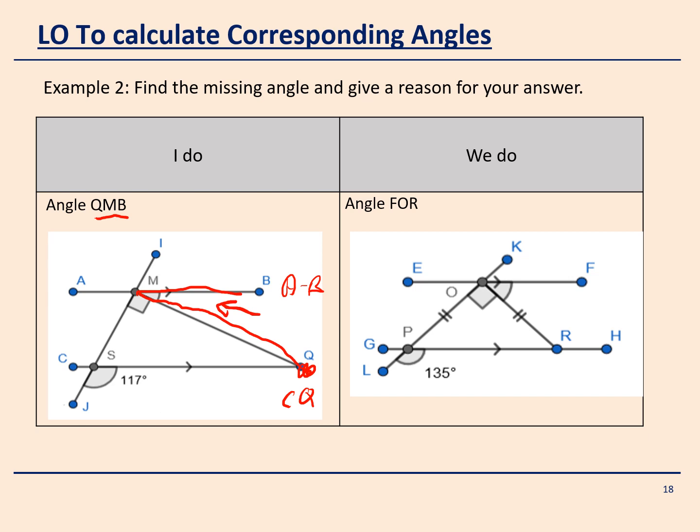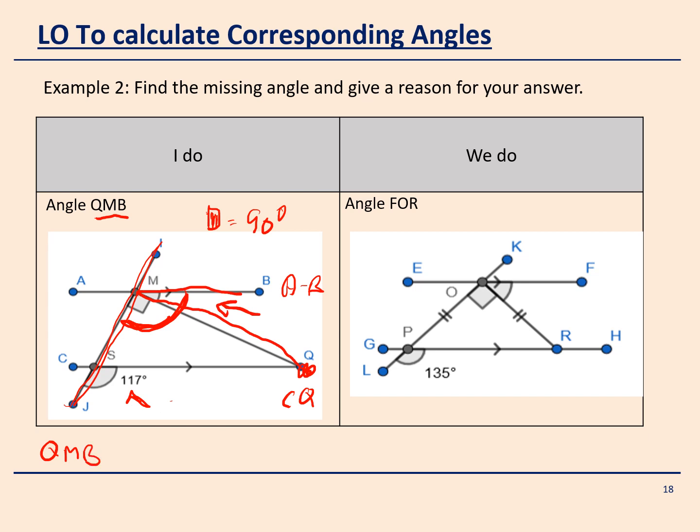There's your line that cuts through it. So all this is 117, and that little square box means 90 degrees.